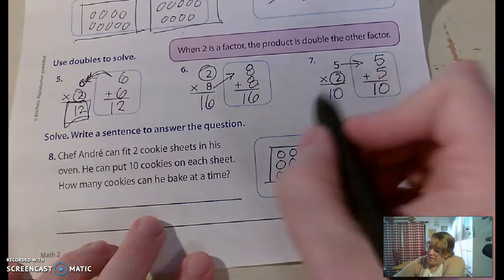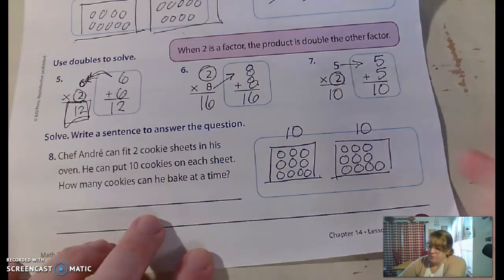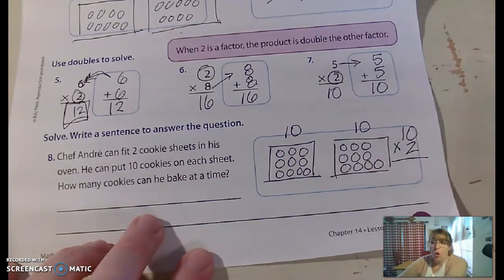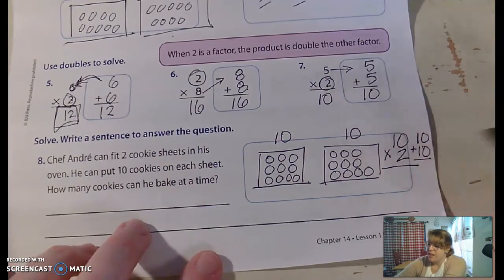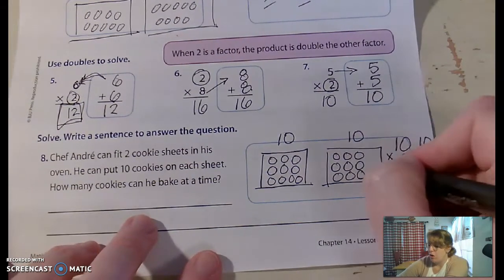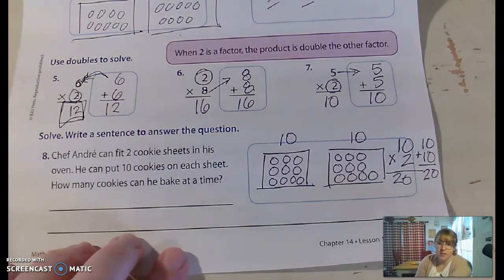Okay, so I have 10 cookies here and 10 cookies here. And that would look like 10 times 2 or 10 plus 10. We know that 10 plus 10 is 20. So 10 times 2 is also 20. So how can we turn that into a sentence?